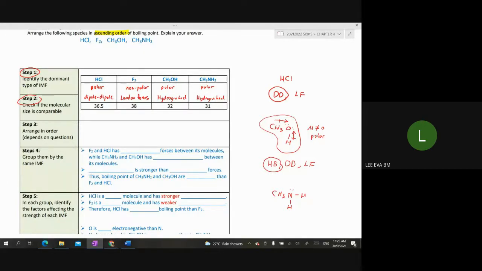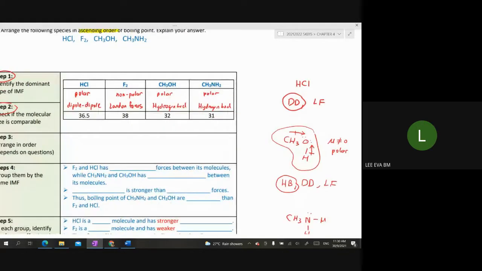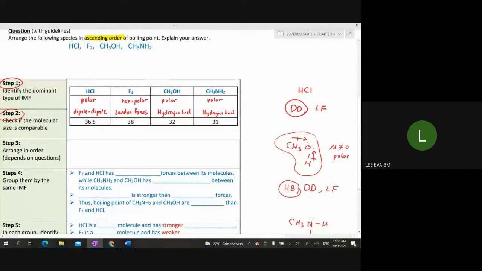So the factor is not about the molecular size, but we can compare the forces. Sebab nampak kan dia punya perbezaan intermolecular forces. Do you see that the intermolecular forces are different? Dipole-dipole, London forces, and hydrogen bond.